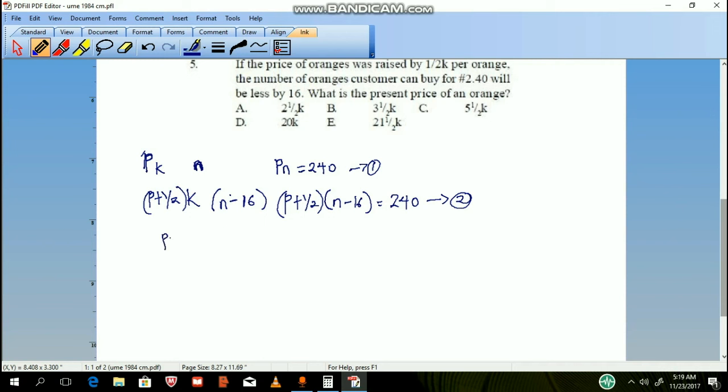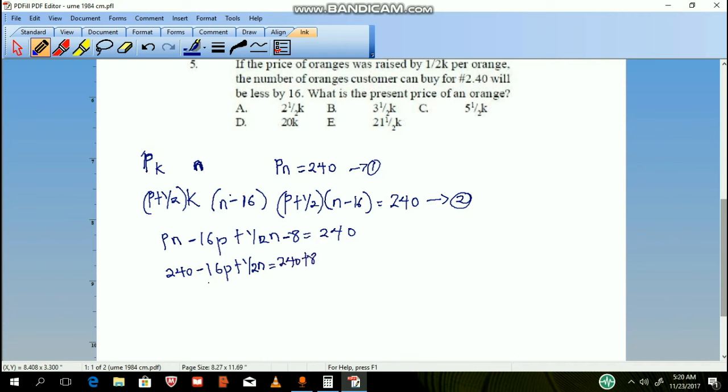If we expand equation 2, we have Pn minus 16P, then plus 1/2 n minus 8, equal to 240. So from equation 1, we know that Pn is 240. So we have 240 minus 16P plus 1/2 n equal to 240 plus 8.